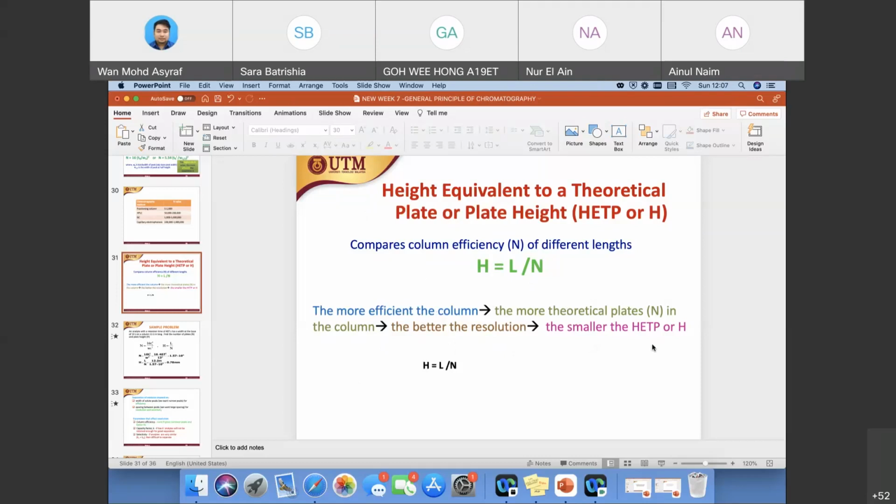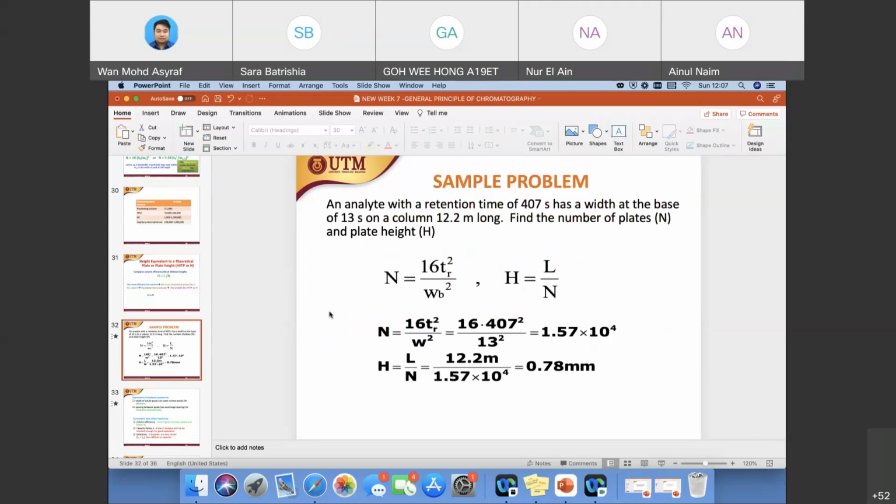So the more efficient column has high theoretical plates, which contributes to better resolution, which contributes to a smaller plate height, smaller H. Because you divide by N, if the value of N is high, then you would have a much lower H. Alright, let's look at the sample problem.